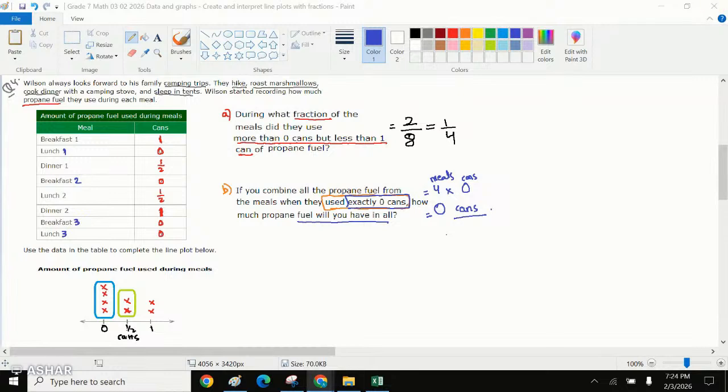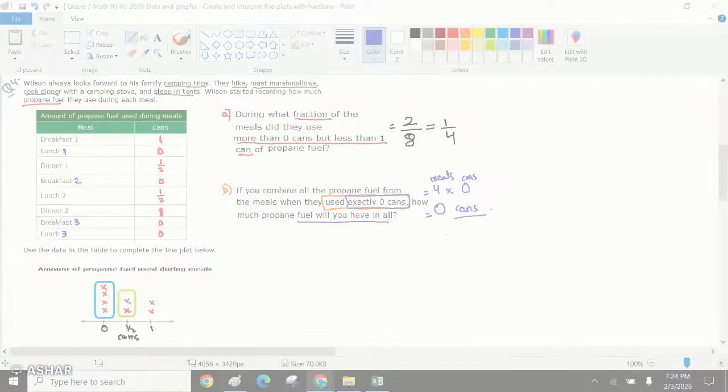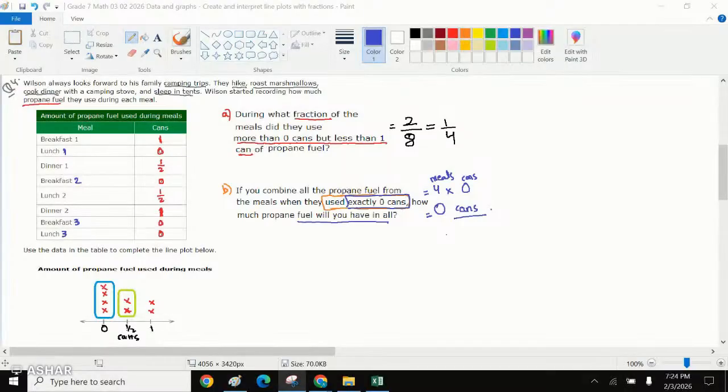Okay. Moving ahead with the same question, it says, how much propane gas fuel did they use altogether? If we need to find how much gas was consumed altogether, they use in all, right? Let's see. This is our question, part C. Ethan, how much propane fuel did they use in all together?